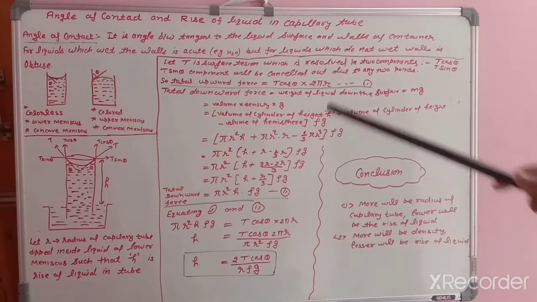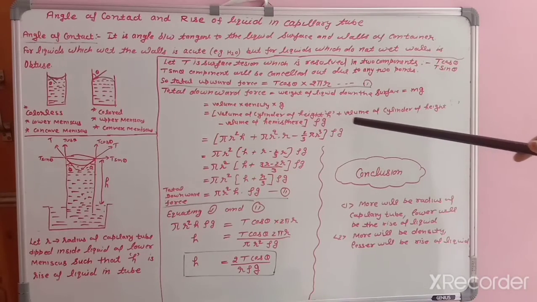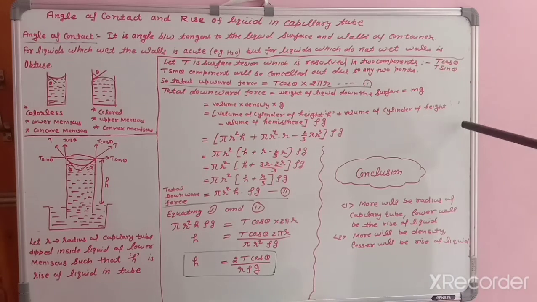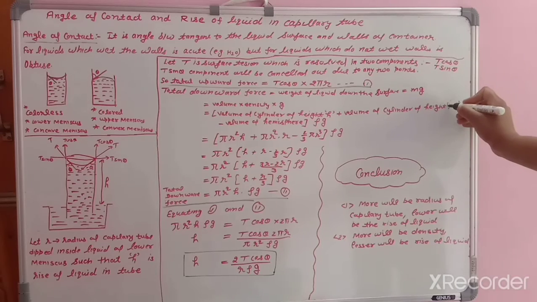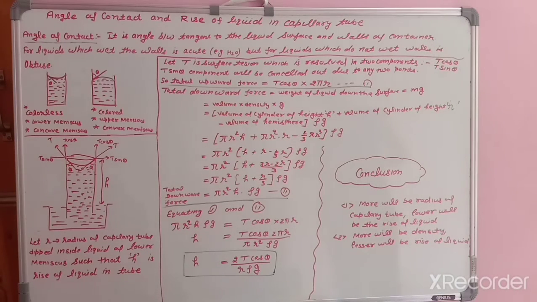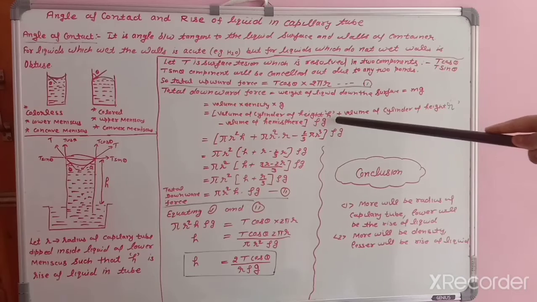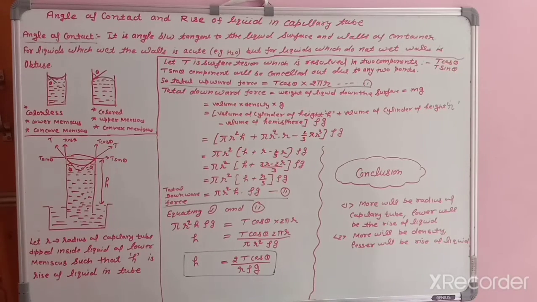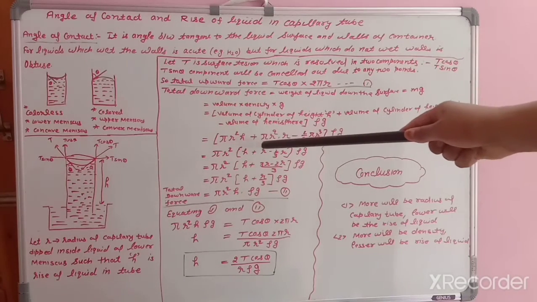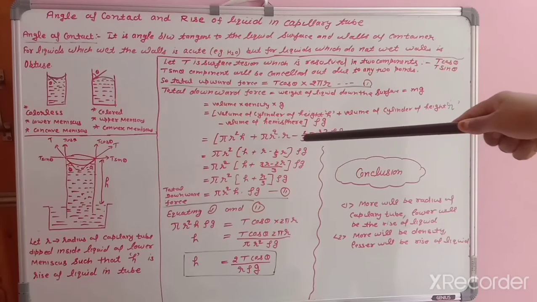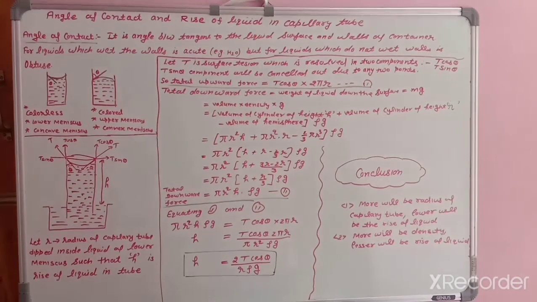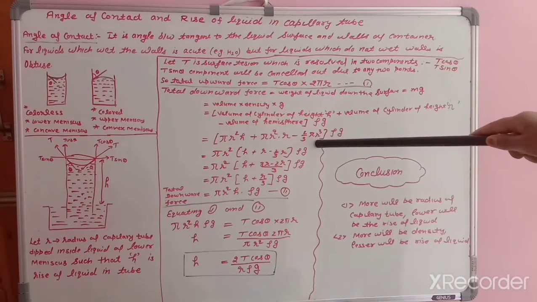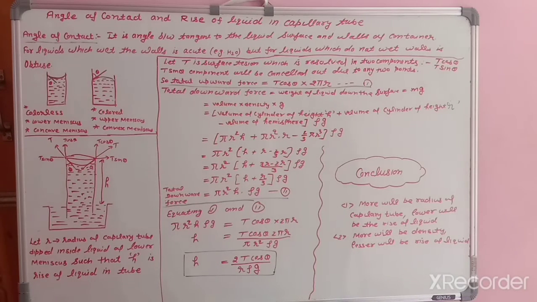So in volume there will be 3 parts: volume of cylinder of height h, volume of cylinder of height r, and minus the volume of hemisphere, into rho g, means the density and g. So put the values: pi r square h plus pi r square r minus 2 by 3 pi r cube, which is the volume of the hemisphere. Volume of sphere is 4 by 3 pi r cube, but it is a hemisphere, means half, so it is 2 by 3 pi r cube, rho g.